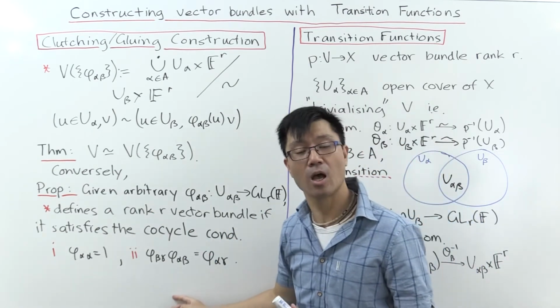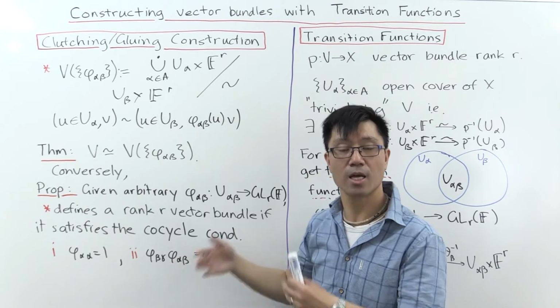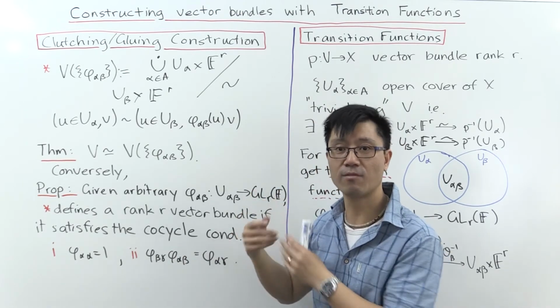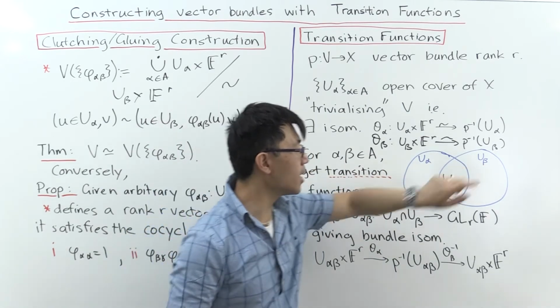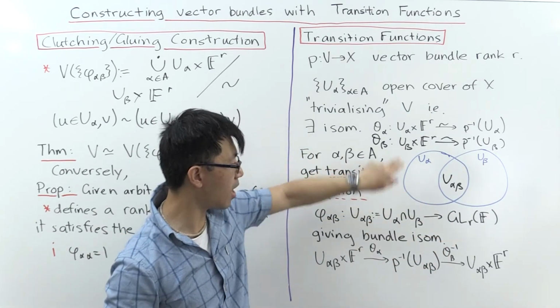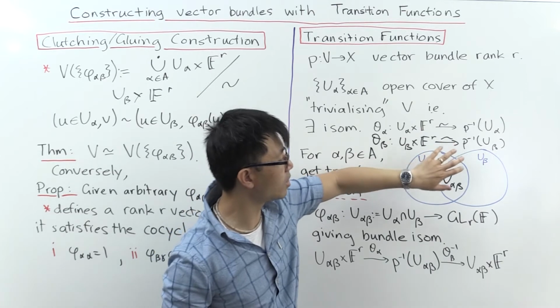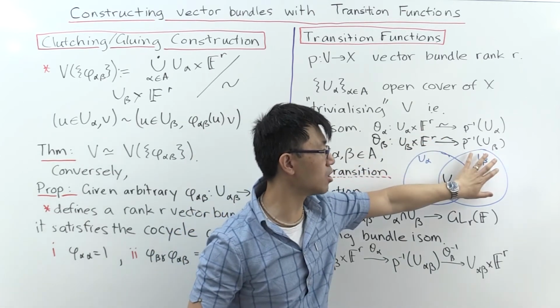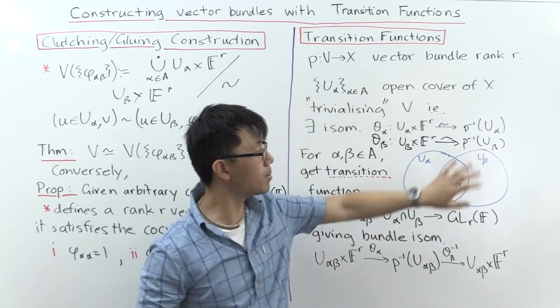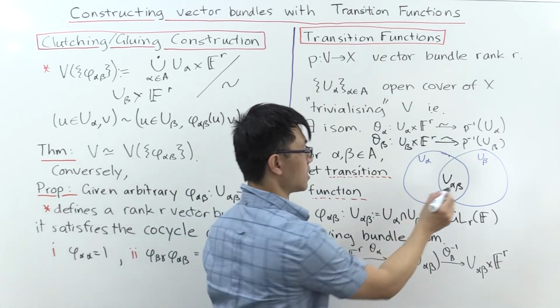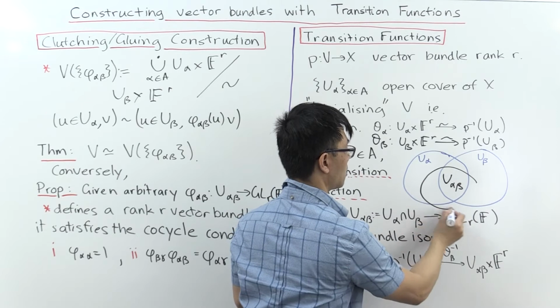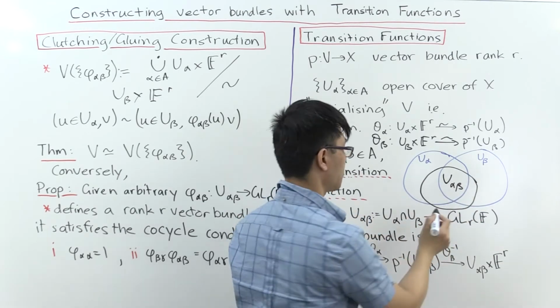The other thing is what happens when you look at not just the intersection of two open sets in the cover, but three. So here you have U alpha, U beta, and this transition function phi alpha beta tells you how to glue the trivialization here to the trivialization over U beta. But what happens if you want to glue both of them to a third open set, say U gamma?